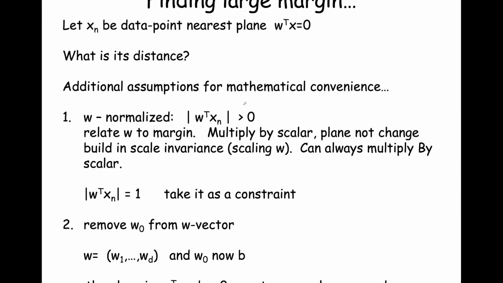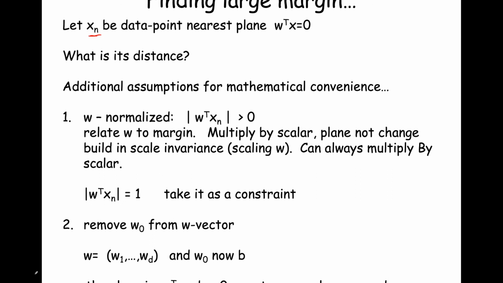Okay, so now we need a numerical way of measuring this idea of the margin. So we need a way to measure or compute the distance of a data point from the hyperplane. So let's introduce some notation, and we'll define xn. Xn is going to be some data point that's nearest the plane.